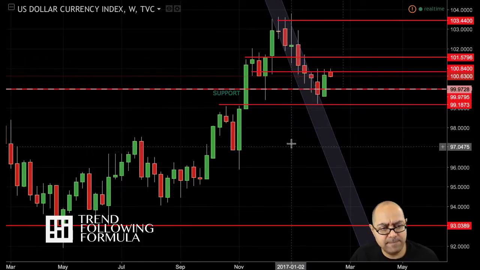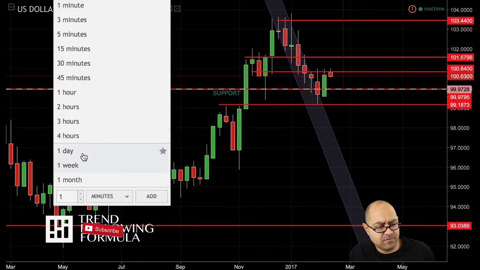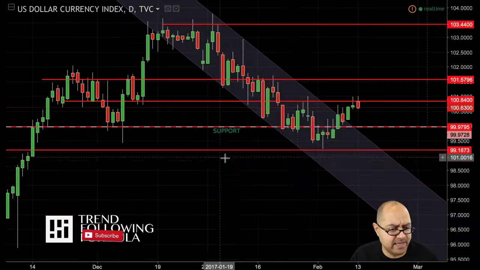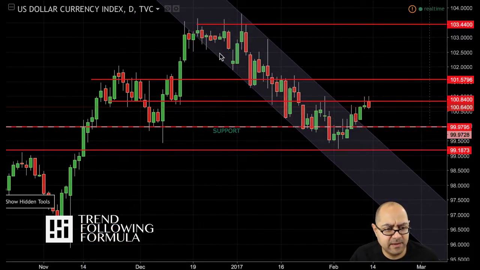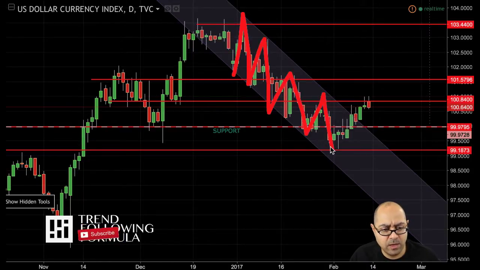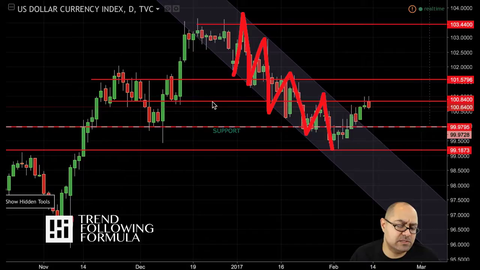As we mentioned on the daily for the past few weeks, we said that this is a downtrend because basically it was a sequence of lower high, lower low, lower high, lower low. That sequence presented a downtrend. That's why we recommended all the time to short this market.